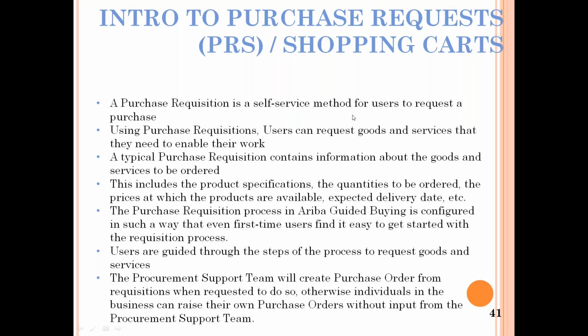As you know, with the purchase requisition there will be a catalog. There are two different ways we can create the purchase requisition in buying. We can select the catalog, and if that catalog is not available in the system, we can directly create a non-catalog item. But in that case, we have to enter the supplier manually.